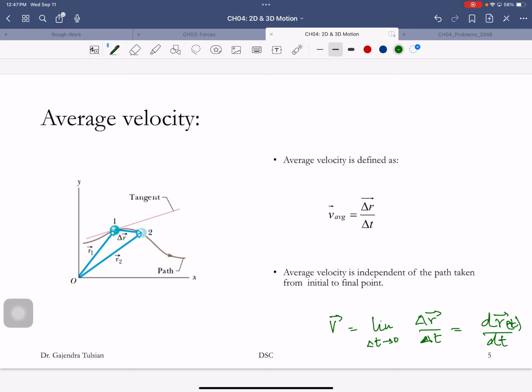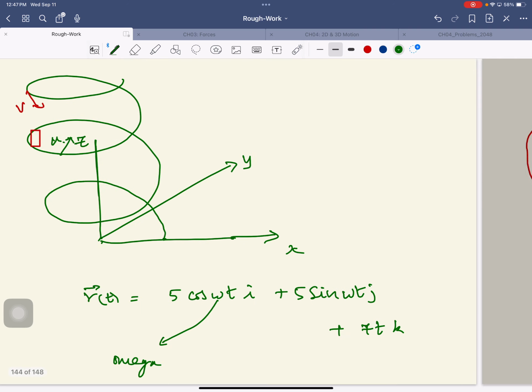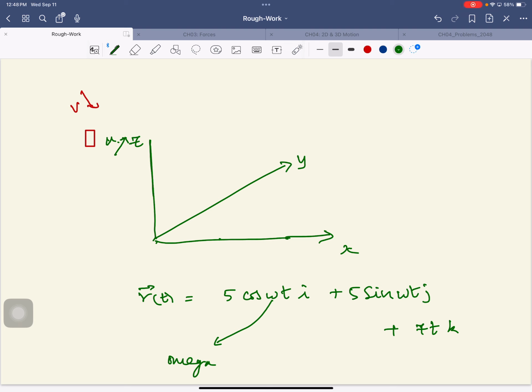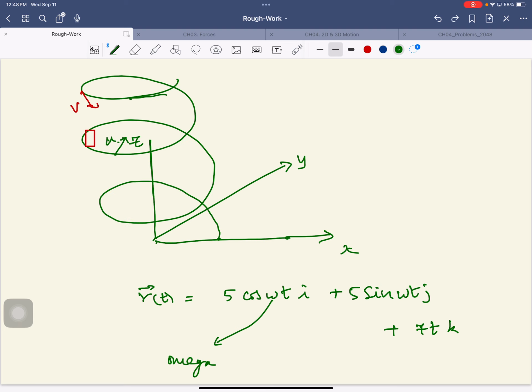At this instant, the instantaneous velocity is pointing in this direction. At this instant, it is pointing in this direction. The instantaneous velocity is tangent to the curve.